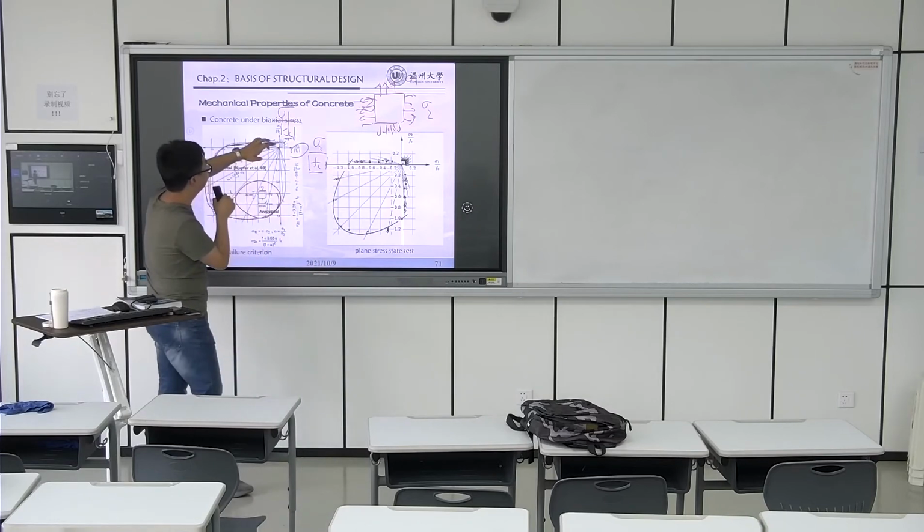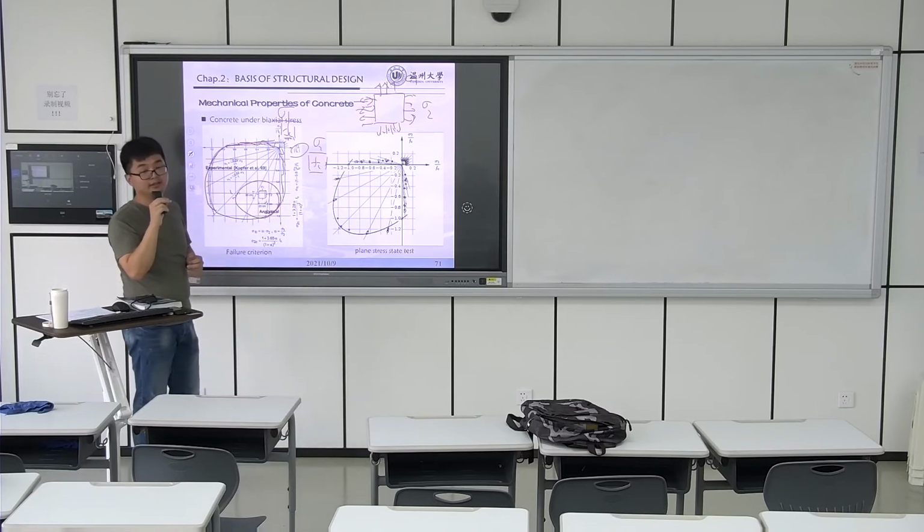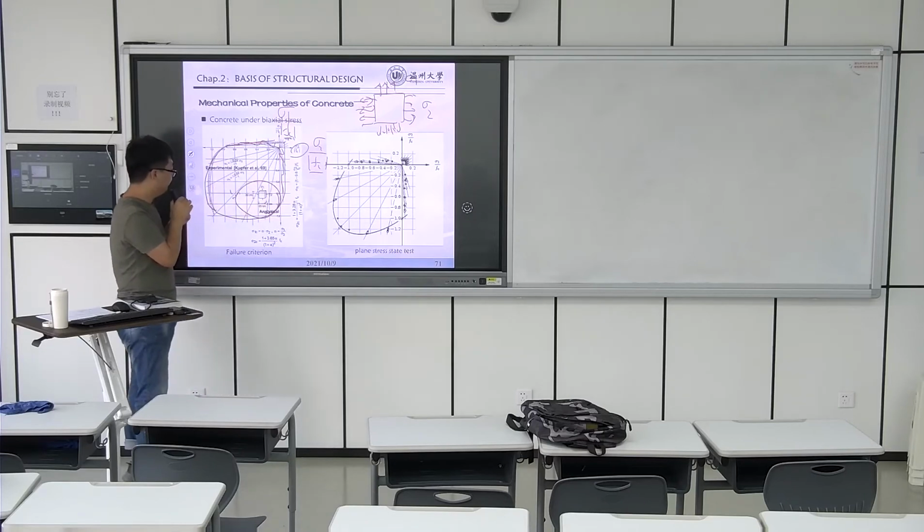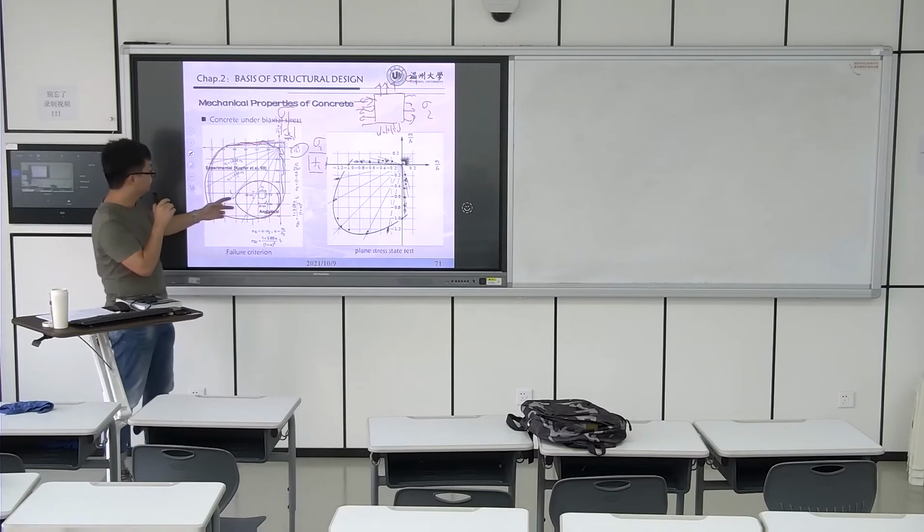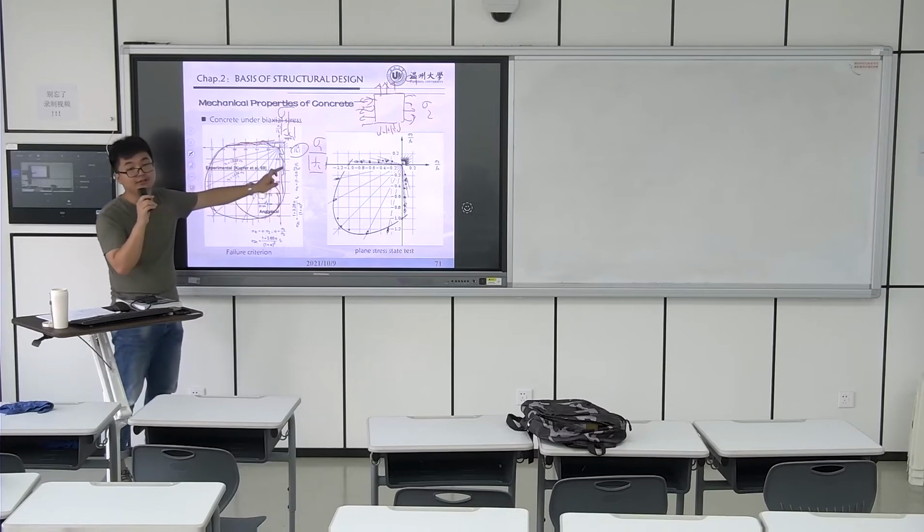And in this part, it means in one direction the specimen is under tension, and in one direction it is under compression. So for this curve, what we can observe is, if we increase the load, in this part one direction is tension and one direction is compression, right?